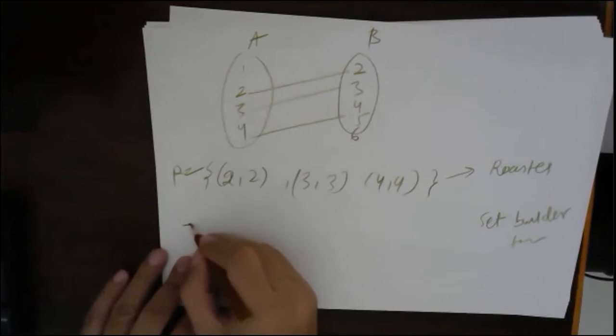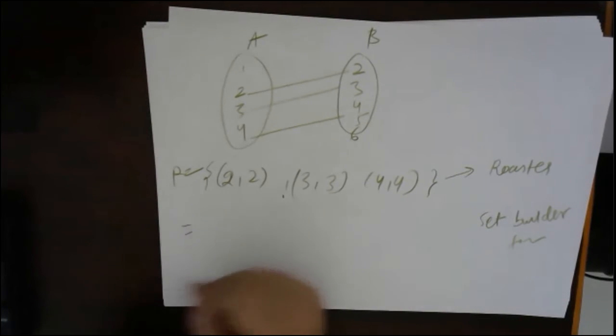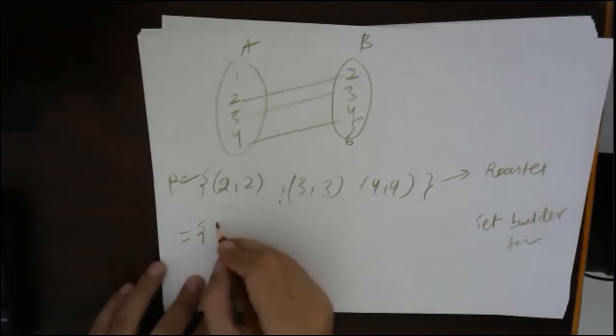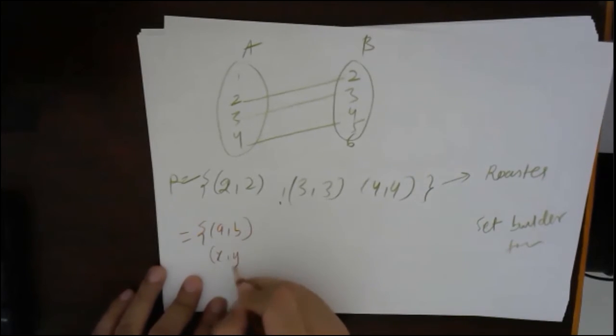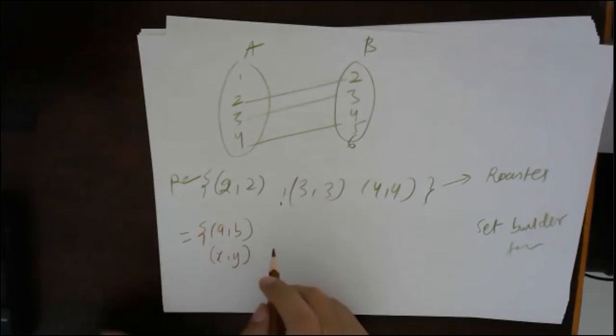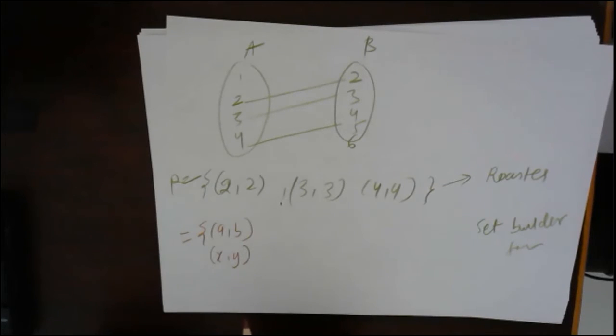So if I'm defining a relation in the set builder form, then I first write (a, b). I can here also write (x, y) or anything. Okay.